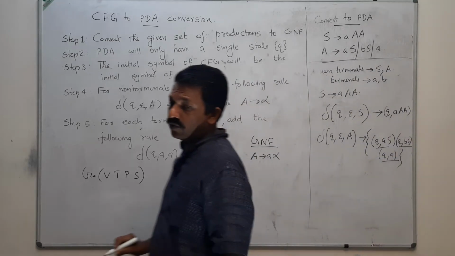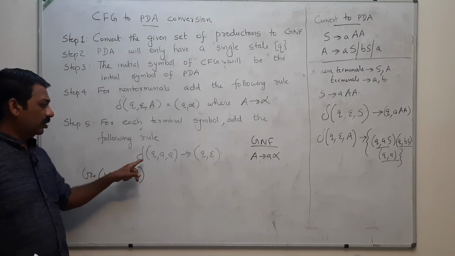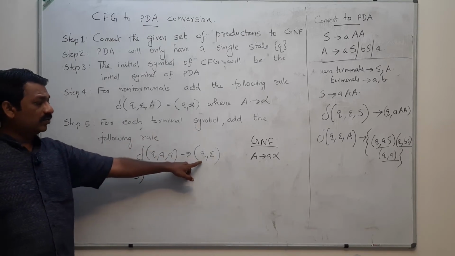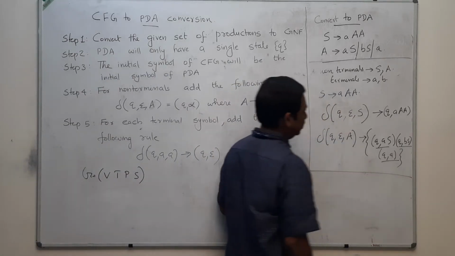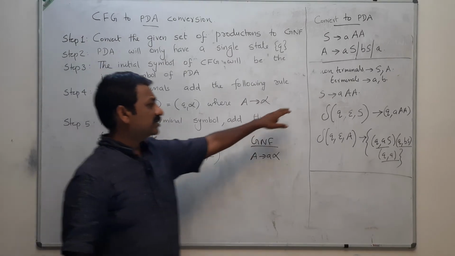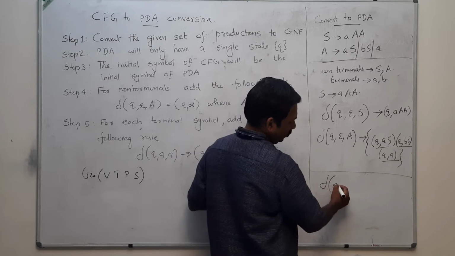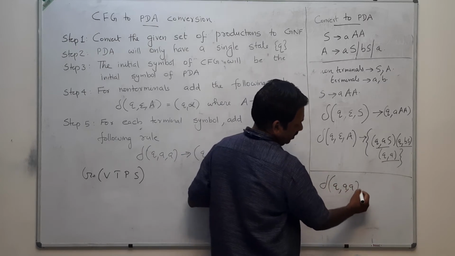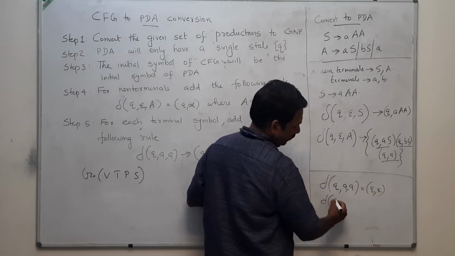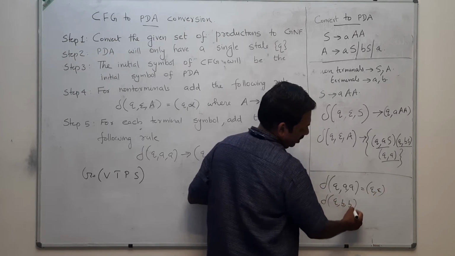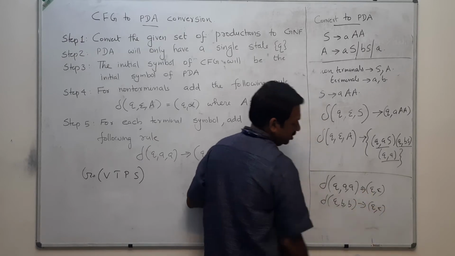And now for each terminal symbol add the following rule. Delta of Q A A derives Q epsilon. So here that is the last portion. How many terminal symbols are there? A and B. So delta of Q A A equals Q epsilon and delta of Q B B derives Q epsilon.